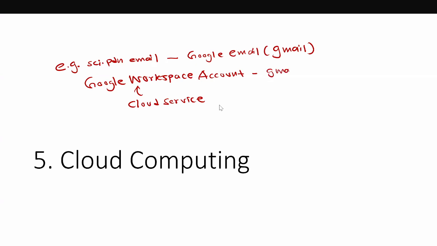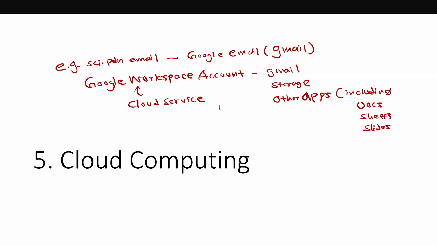So you have Gmail, storage, and other apps, including Docs, Sheets, Slides, and also Calendar, and so on. You have been given a Google service account.